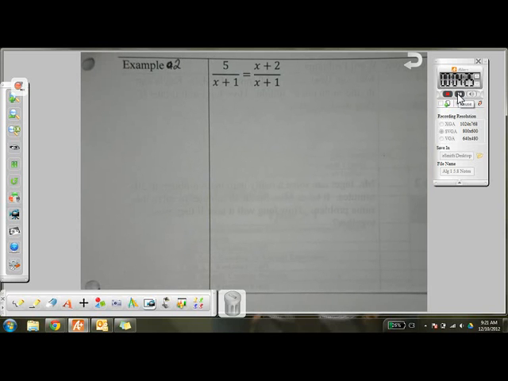What do you notice about these problems? They have a common denominator. Is there only one fraction on each side? Yes. So, can I cross reduce or cross multiply? Yes, I can. So let's cross multiply.